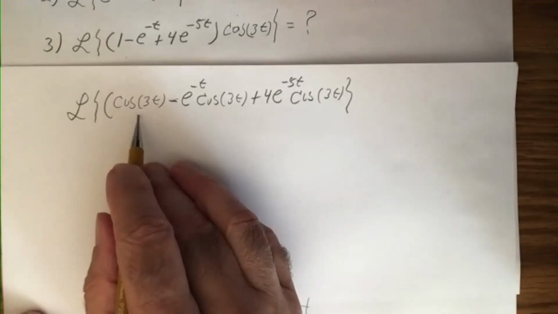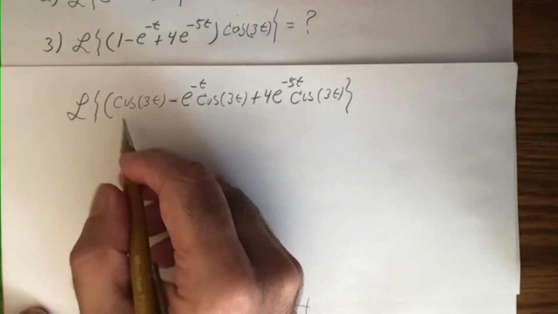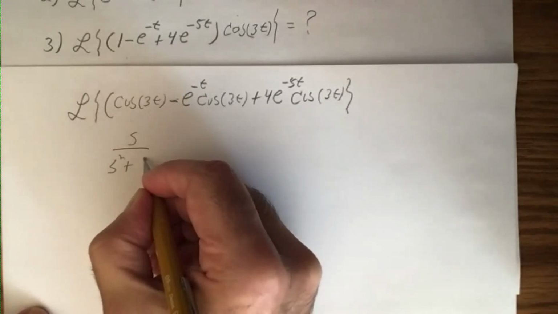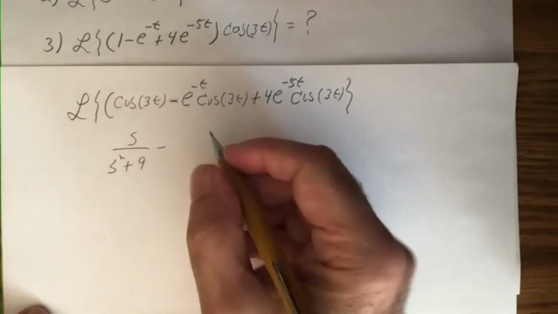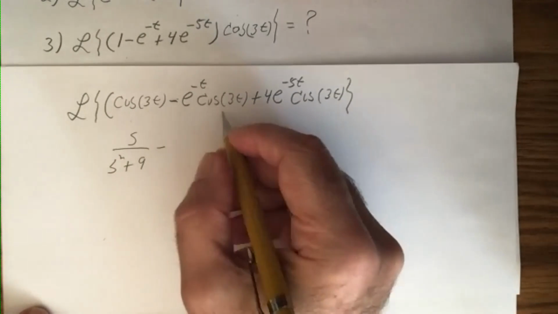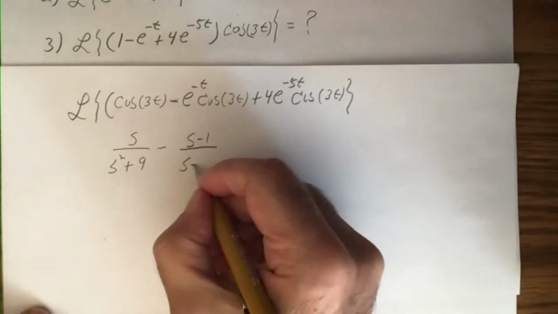Well, this one here, when I take the Laplace transform of this, is going to be s over s squared plus 9, right? That's what this is. This one here is going to be minus, but now I have to put in the s shifted. I did this intentionally so you can maybe start to see a pattern.